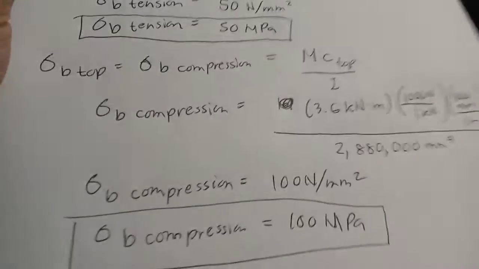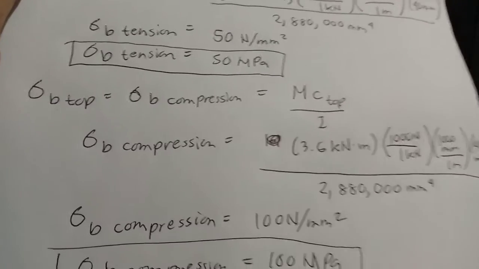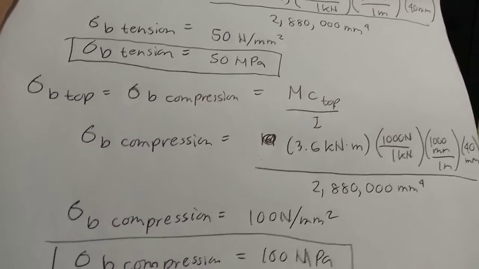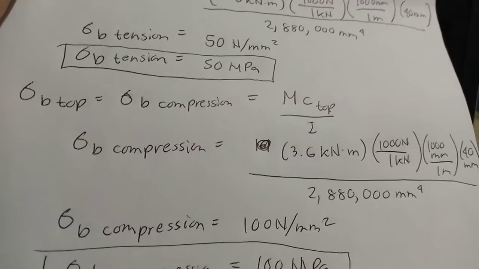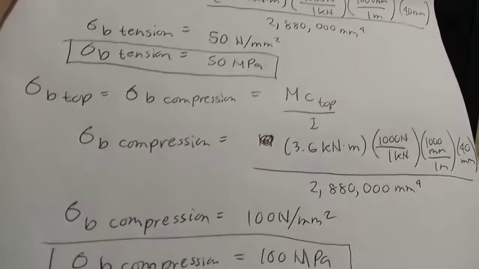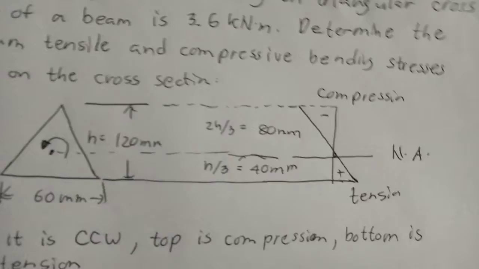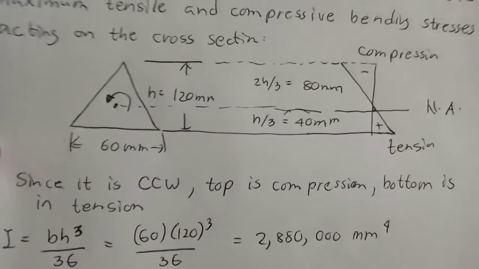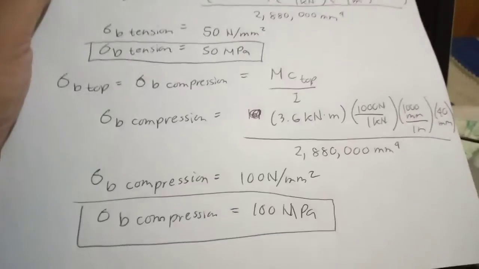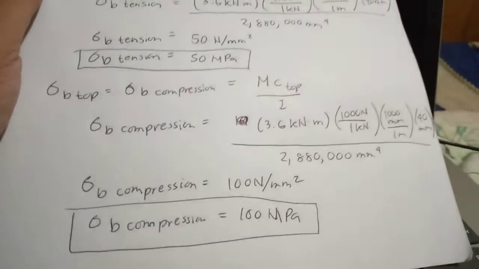And then for the top, the maximum compressive bending stress is computed as M C top over I, since the compression is at the top because it is a counterclockwise moment. The difference here is that C top is not 40.